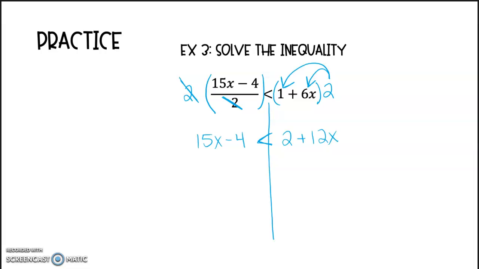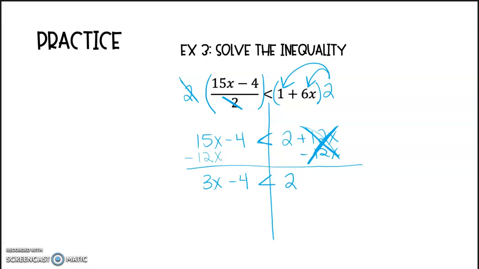I'm going to take away 12x and move it over. So it's positive, so I'm going to subtract it from both sides. That leaves me with 3x minus 4 is less than 2. That gave us a 0 pair. Those canceled out, so we're only left with 2.